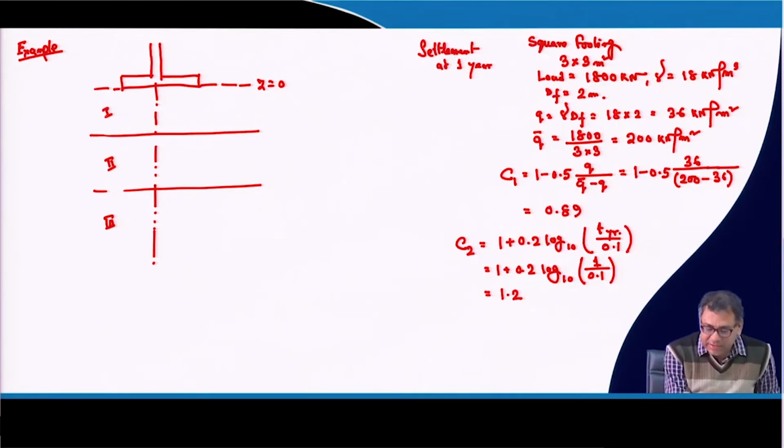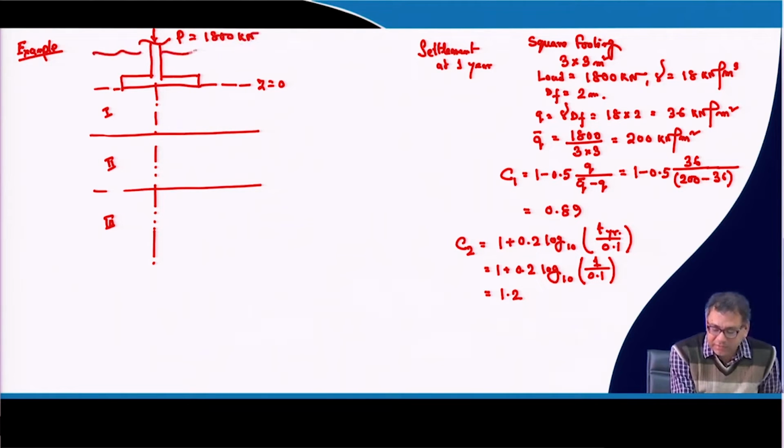So, this df is 2 meter, and this load P is acting as 1800 kilonewton. Suppose this is the ground surface. Now, depth of foundation df is equal to 2 meter. The thickness of this layer is say 3 meter.